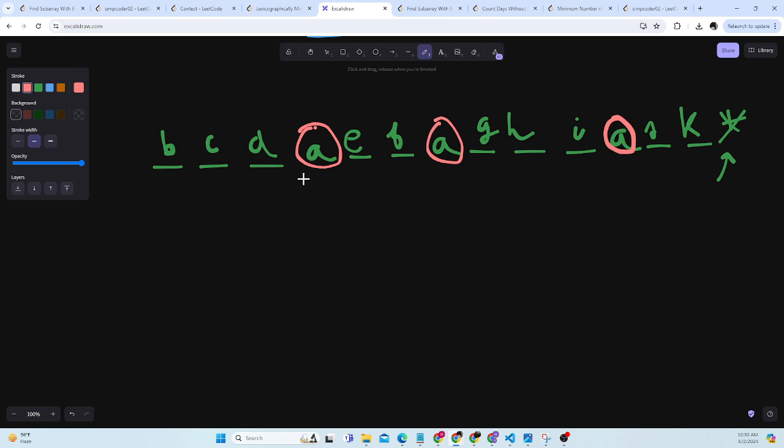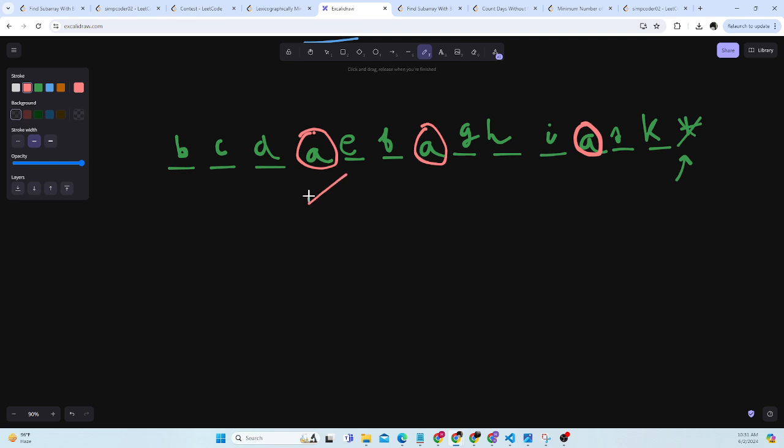If you remove the first A, the string will become B, C, D, E, F, A, G, H, I, A, J, and K.